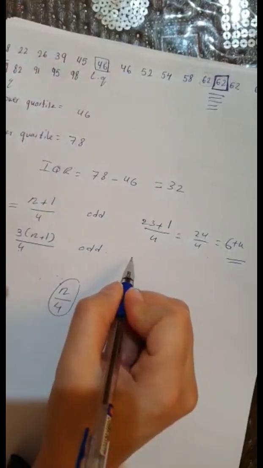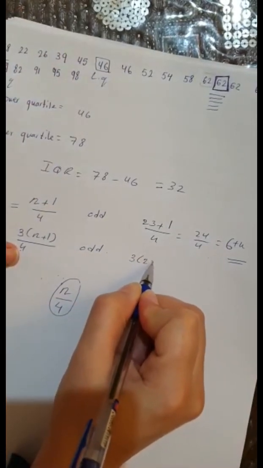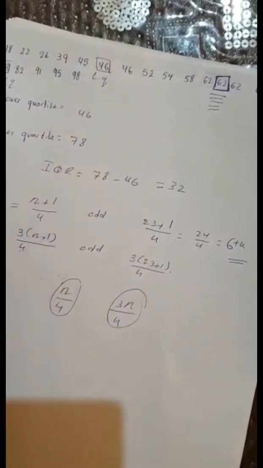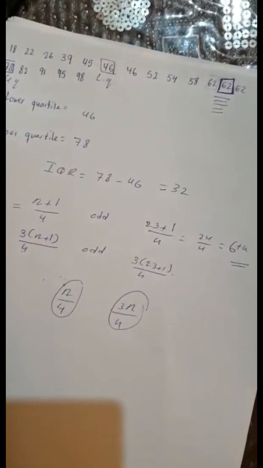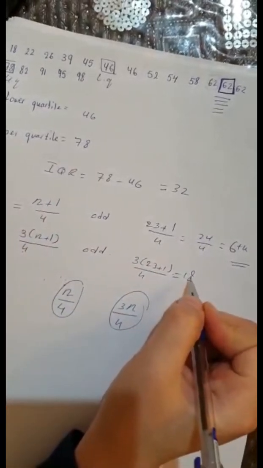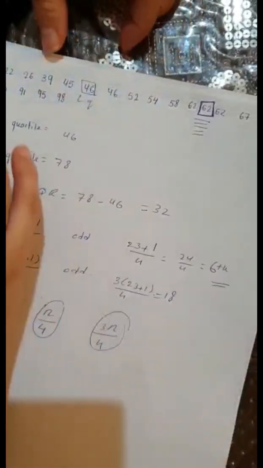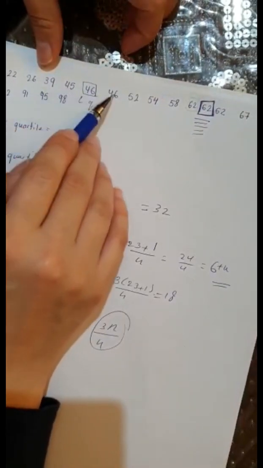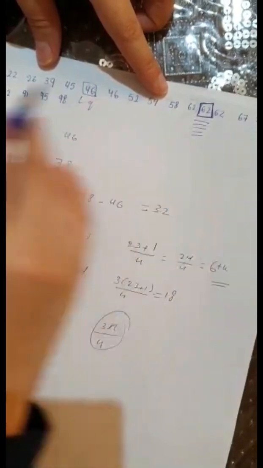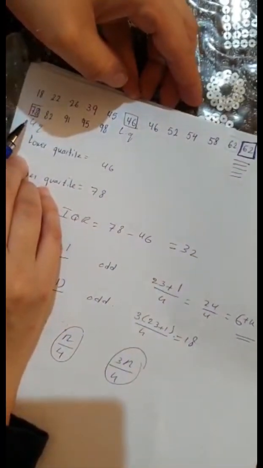And if I do the same thing, multiplying 3 by 23 plus 1 over 4, 24 times 3 over 4, it will become the 18th one. If I count here, 1, 2, 3, up to 18, it's true, it's the upper quartile.